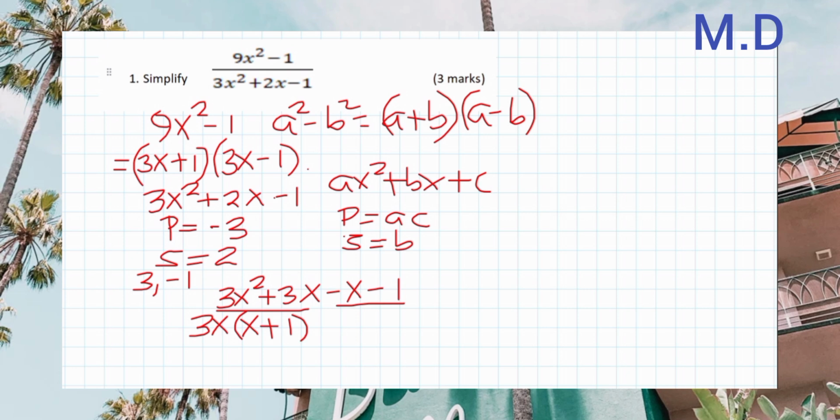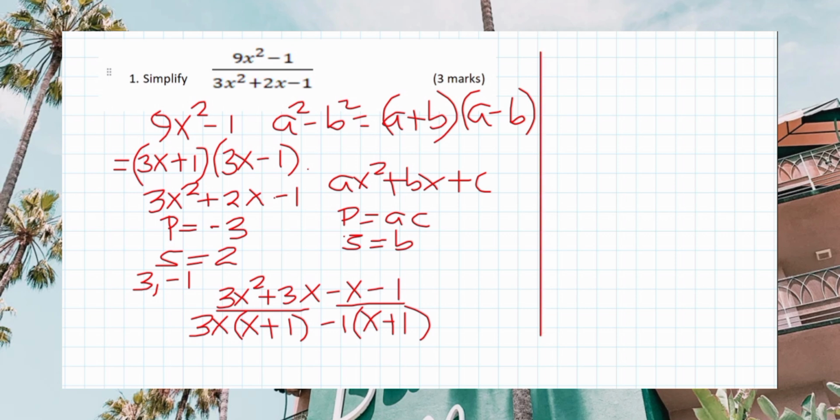In the second pair, we factor out −1, and inside the bracket we are left with x + 1 again. To completely factorize, we take (3x − 1) and put in brackets (x + 1).